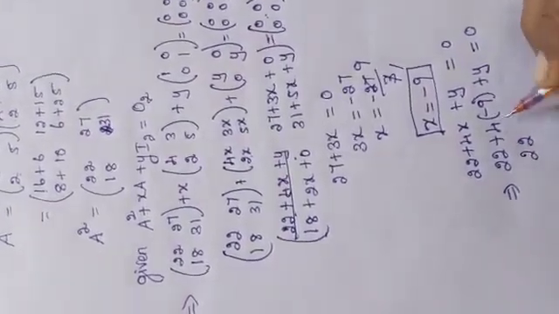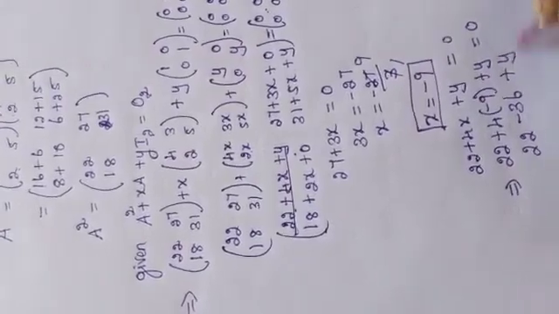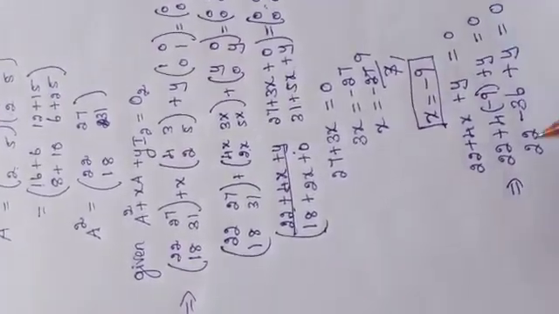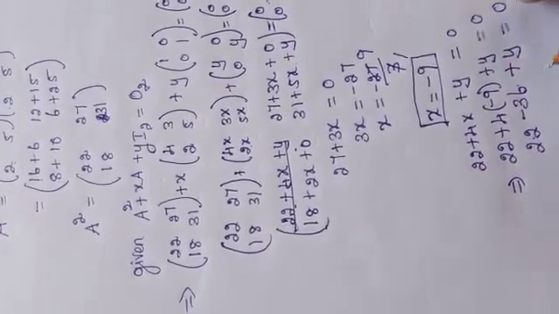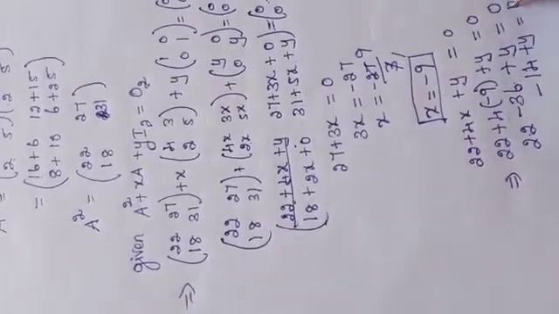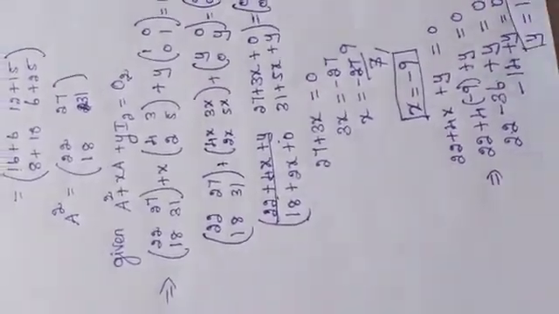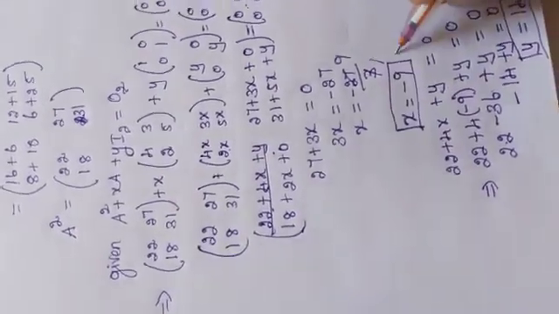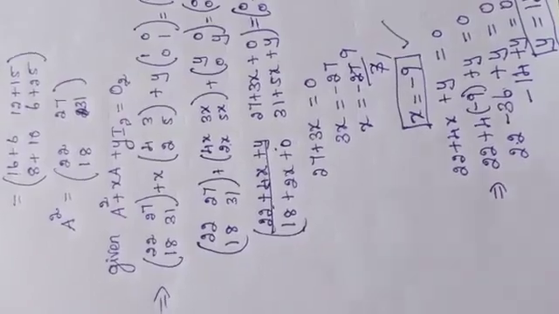Or 22, 4 into minus 9 is minus 36, plus Y is equal to 0. 22 minus 36, how much will you get? Minus 14. So minus 14 plus Y is equal to 0, or Y is equal to plus 14. So we have got the value X equal to minus 9 and Y equal to 14.